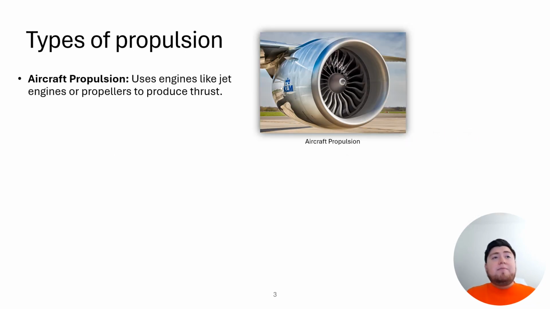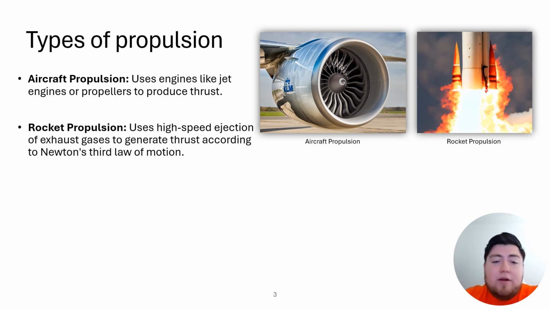There are different types of propulsion. First, we have aircraft propulsion, which uses engines like jet engines or propellers to move airplanes. This is a picture of an aircraft propulsion. Then we have rocket propulsion, which uses high-speed ejection of exhaust gases to generate thrust according to Newton's third law of motion.